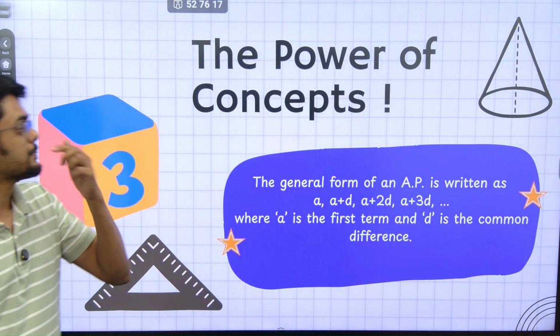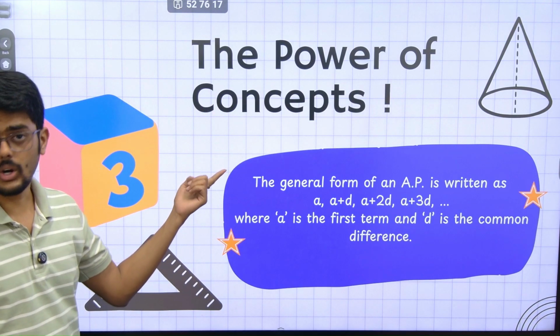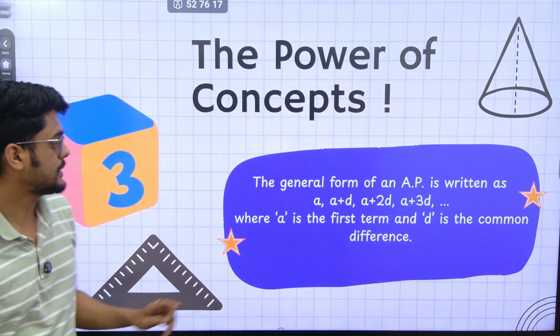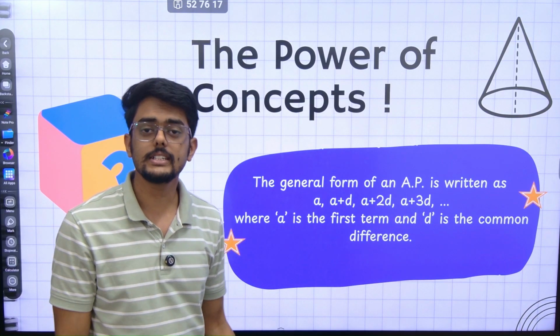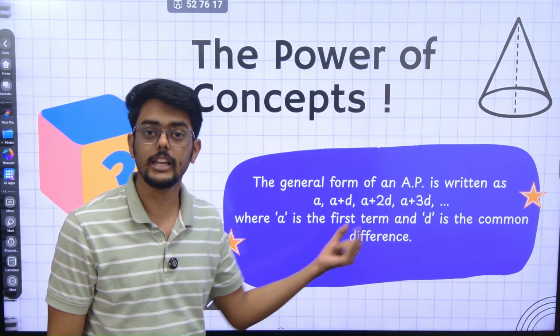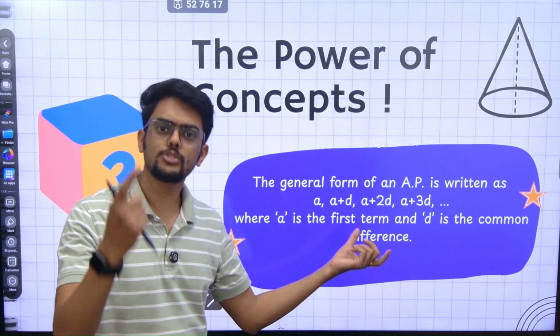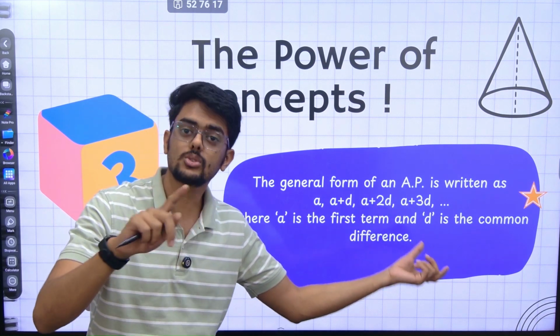Okay, now see, within the concepts, the very first concept is the general form of an AP. It is always written as a, then a plus d, then a plus 2d, a plus 3d and so on.